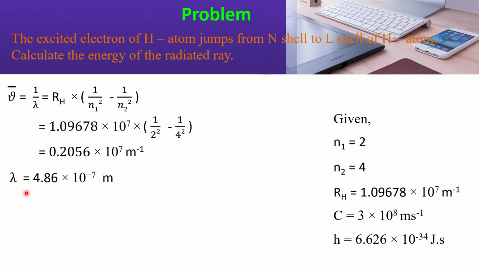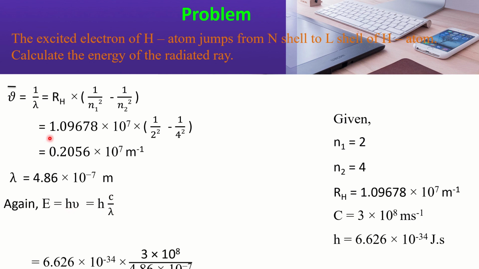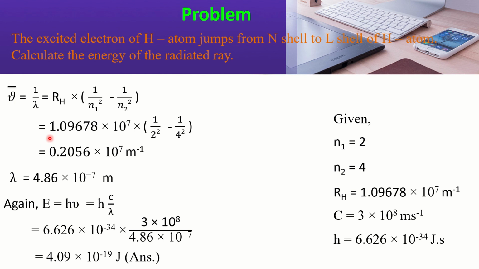Now, dear students, I told you, E equals what? E equals h nu or h c by lambda. By putting in these values, we got the energy E equal to 4.09 into 10 to the power minus 19 joule. This is our required answer.